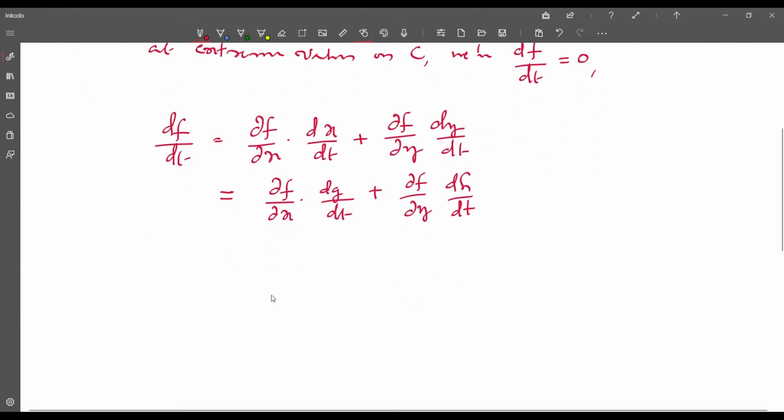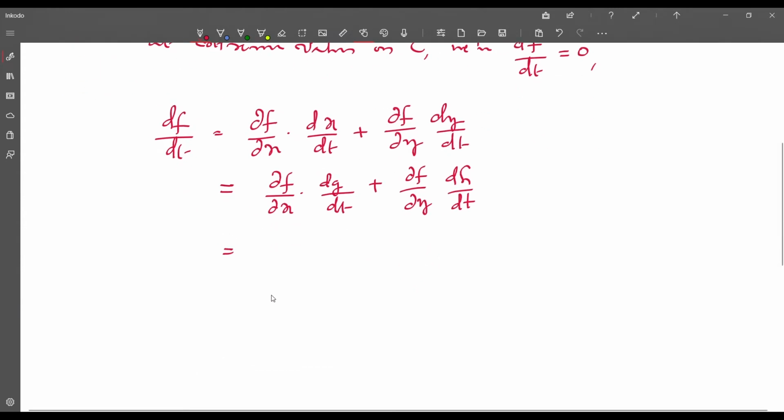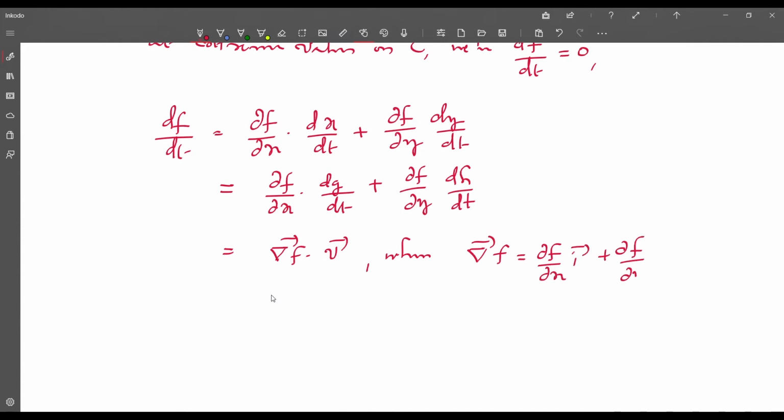So this is equal to del f dot v, where del f is dou f by dou x into i plus dou f by dou y into j, and v is dg by dt into i plus dh by dt into j.